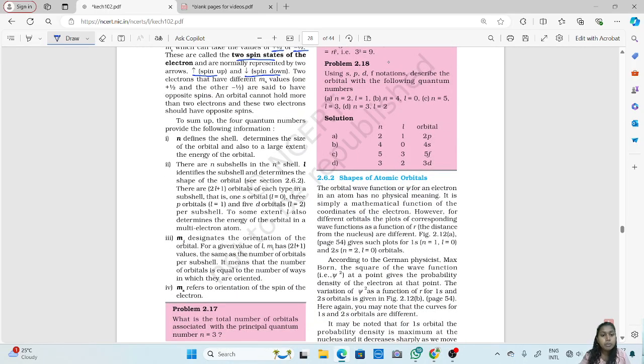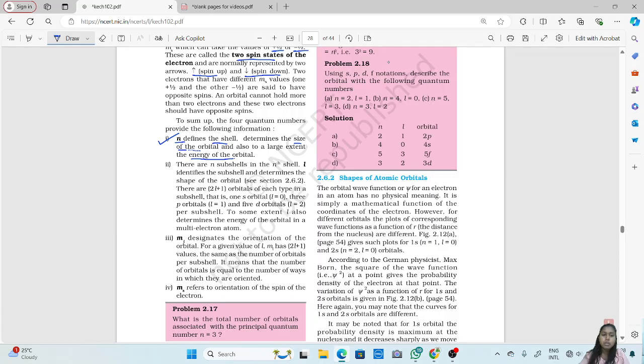Now, to sum up, the four quantum numbers provide the following information. When you take all four together, it gives you this information. First, n defines the shell. The principal quantum number determines the size of the shell, the size of the orbital, and also the energy of the orbital.